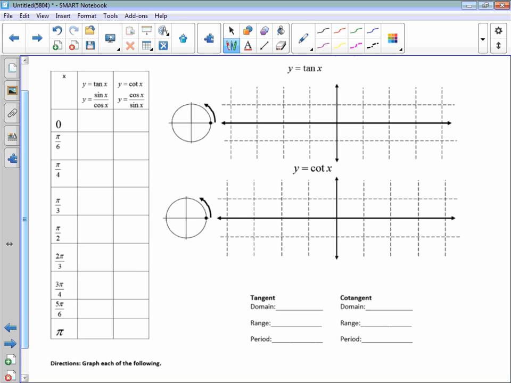So what is the tangent of 0? Remember, it's y over x. At 0, your ordered pair is 1, 0. So that's 0. But what is cotangent there? Remember, this one's x over y. Okay. All right, you're off to a good start.